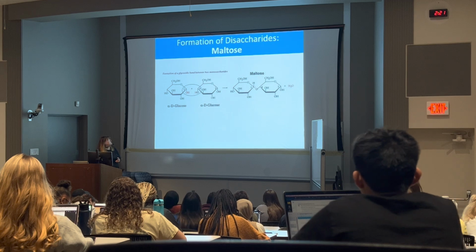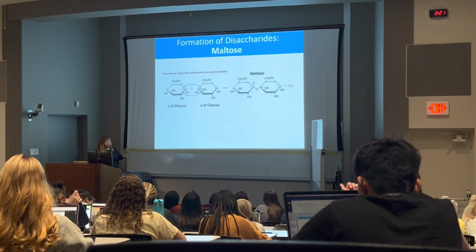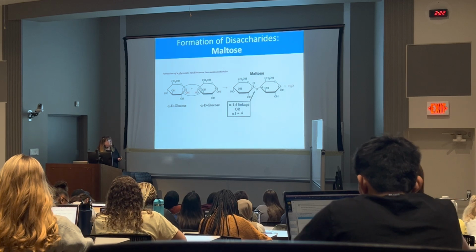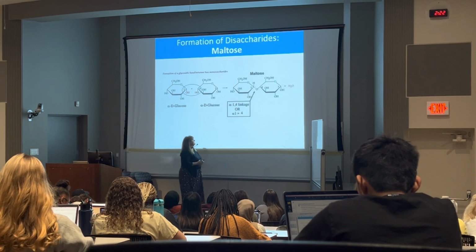So those are the functional groups that are going to react together. You have a hemiacetal reacting with an alcohol to give you an acetal. And that is going to give you an alpha 1,4 linkage.